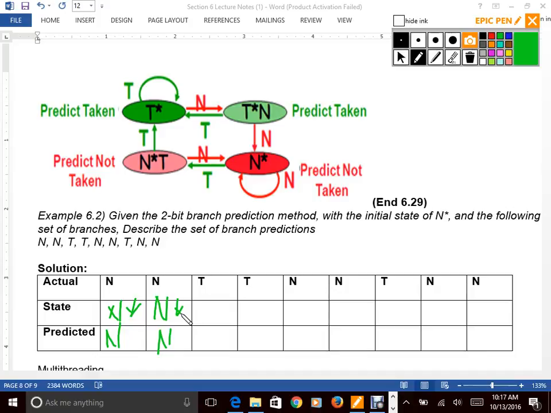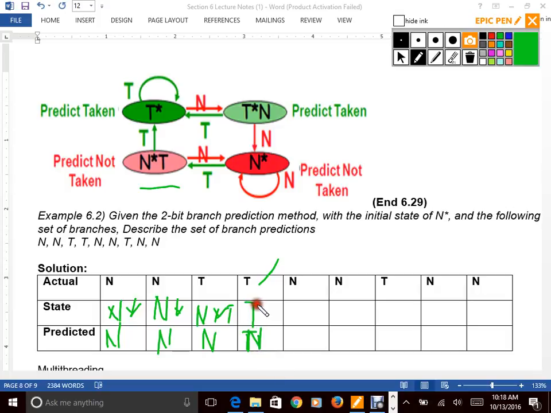Meaning that we guessed not taken. The reason why is we're still at N star. So we actually predicted no, but then where are we going to end up now? Because we're actually taking this branch. N star T. So then we take the branch, we predict N because we're still in N star T, correct? So we predict N. So now where are we going to end up?